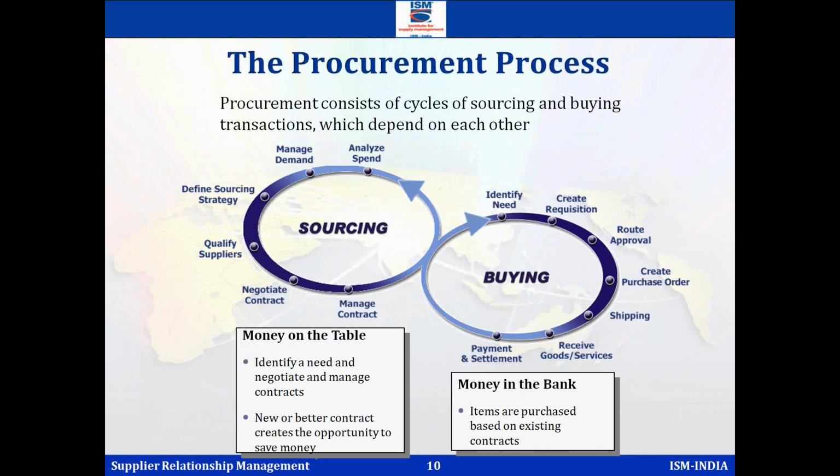It is purely transactional, while sourcing is where you are doing strategic sourcing for the long term. Strategic sourcing is based on spend: what spend you have, managing the demand, defining the sourcing strategy, and then managing the contracts around it. Once you've done the strategic sourcing, we call it money on the table, because you have made long-term arrangements with some supply sources.